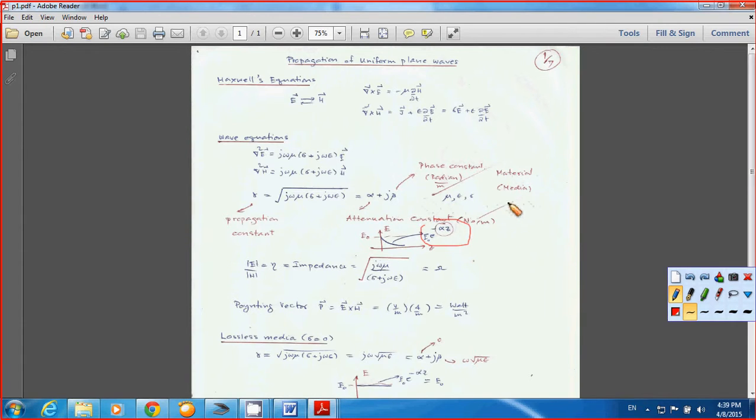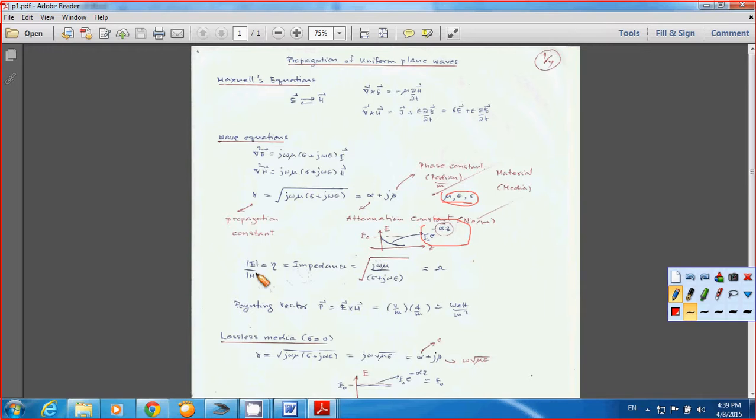For material media, we have the properties mu, epsilon, and sigma, where mu tells you the magnetic property, epsilon tells you the electrical property, and sigma is the conductivity of the material. Okay, so these are parameters that come into play in the wave equations.